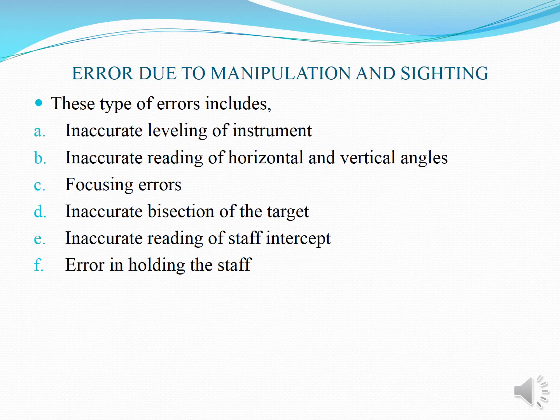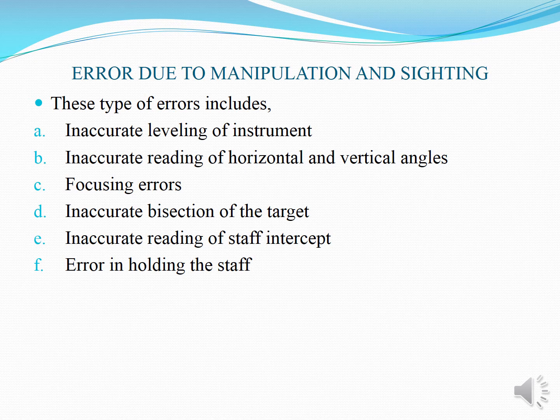The second type of error is error due to manipulation and sighting. This includes inaccurate leveling of the instrument, which arises when doing the temporary adjustments of the instrument.